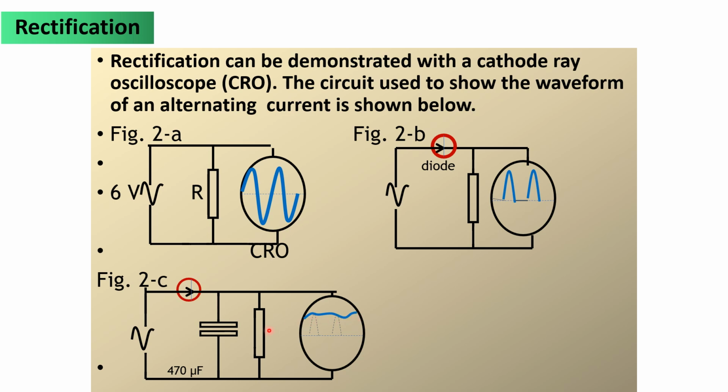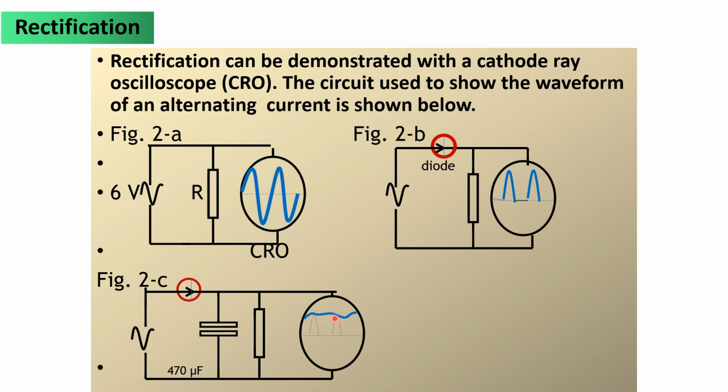In other words, during the time when current is not passing through the diode, the capacitor can provide the needed current that would complete, meaning that would smoothen, the variable current that is seen earlier in figure 2b.